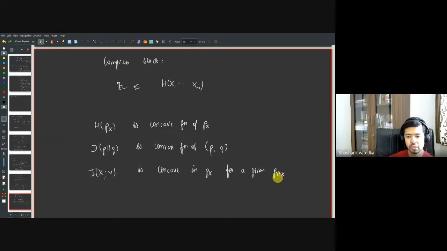So if you fix Py given x and vary the input distribution Px, then the mutual information is concave, whereas if you keep Px fixed and vary Py given x, then this is a convex function of Py given x.